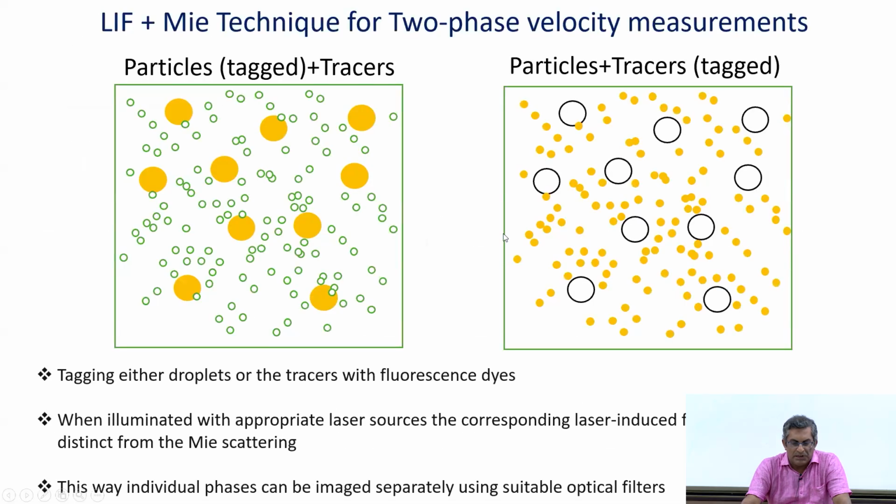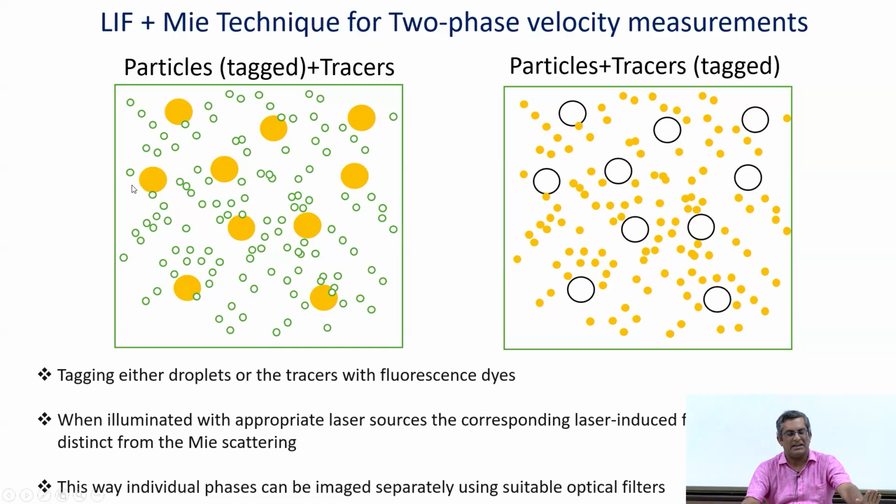So now what can we do in our case? We can tag the particles with some dyes. Let's consider liquid particles only for the time being. Imagine you want to take two-phase measurements in a spray where you have liquid droplets and you also want to measure the gas phase. In that case, you can add some dye only to the liquid droplets, but don't add anything to the tracers.